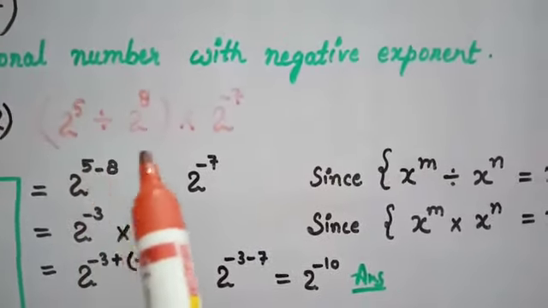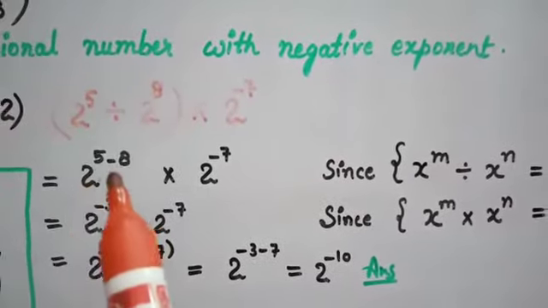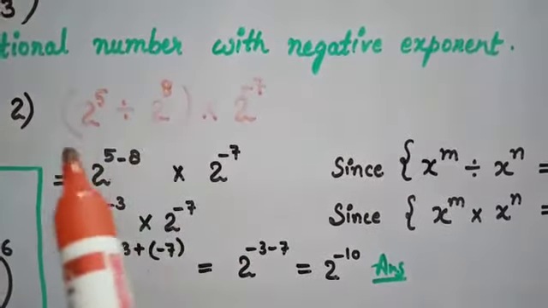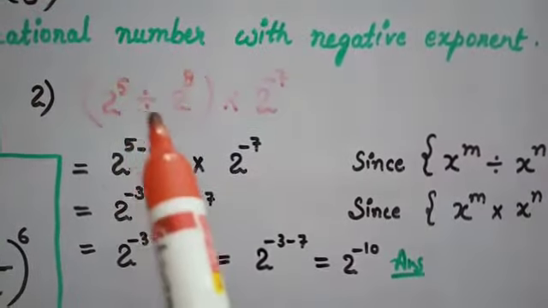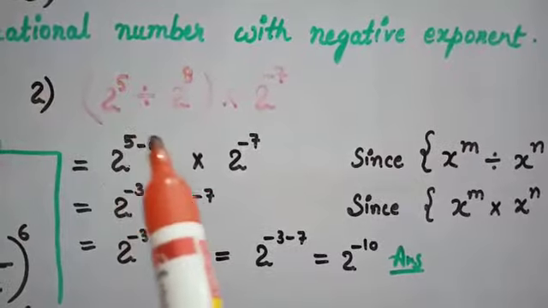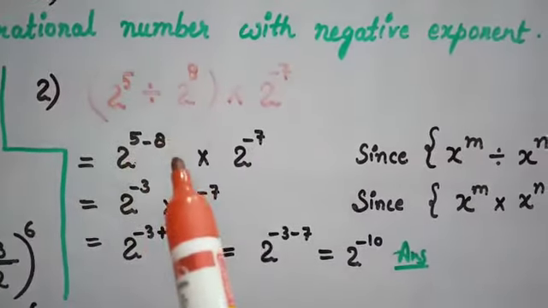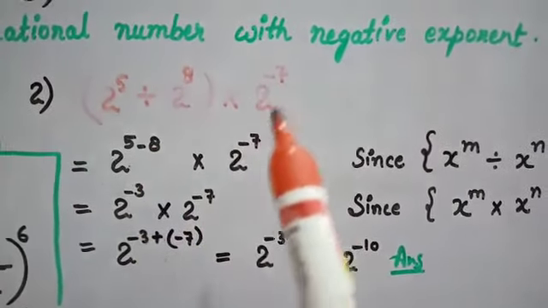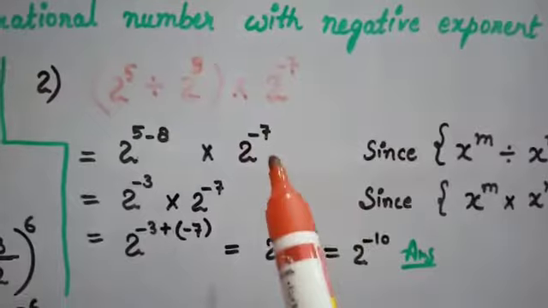It will be 2 to the power of 5 minus 8. Powers will be subtracted if there are same bases, different powers, and in between there is a divide sign. 5 minus 8. 2 to the power of 5 minus 8 into, we will write 2 to the power of minus 7 as it is.